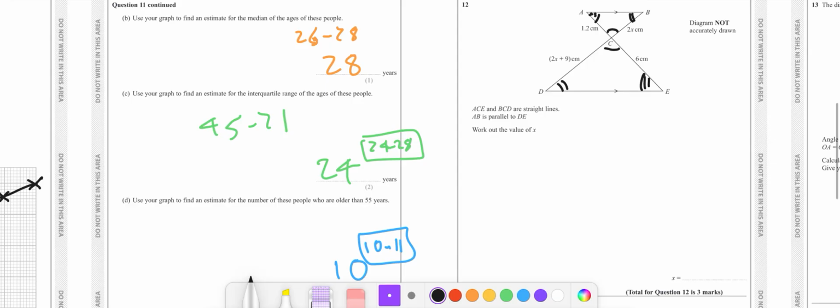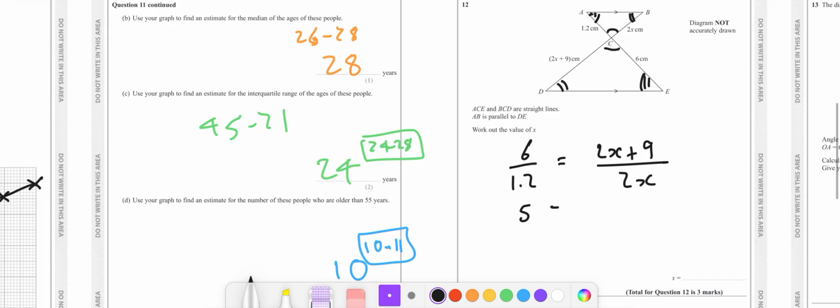So if we do 6 divided by 1.2, that's the enlargement factor, and that must be the same as 2x plus 9 divided by 2x. And then we just rearrange this. So 6 divided by 1.2 is 5.